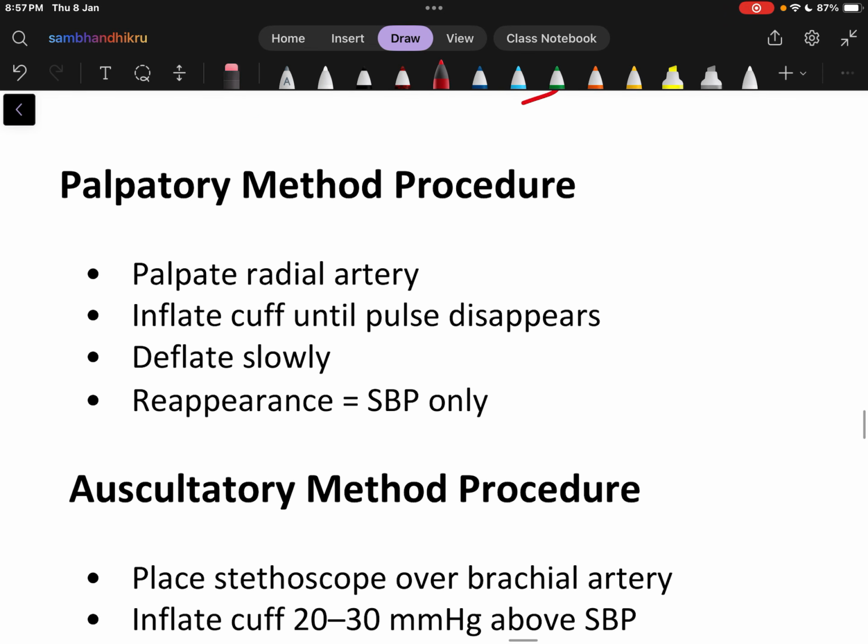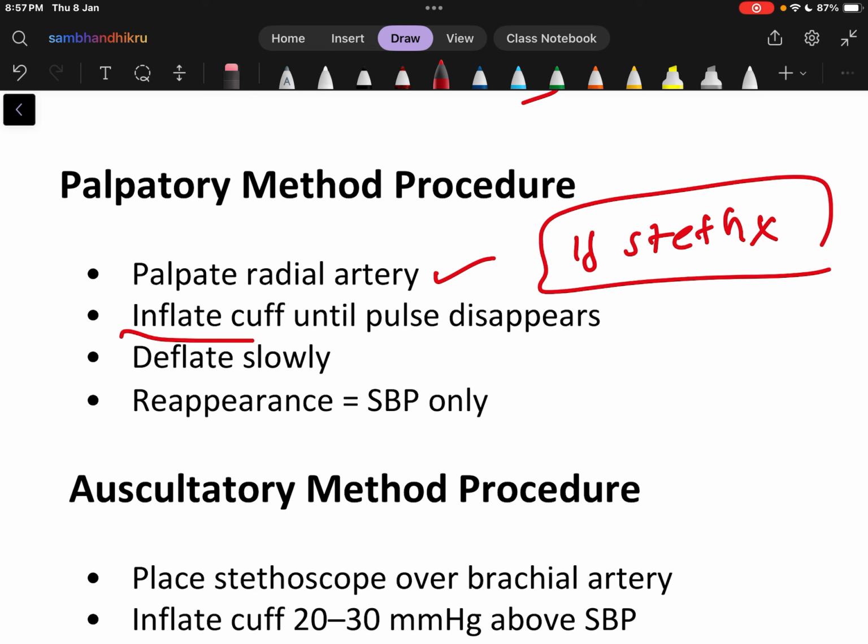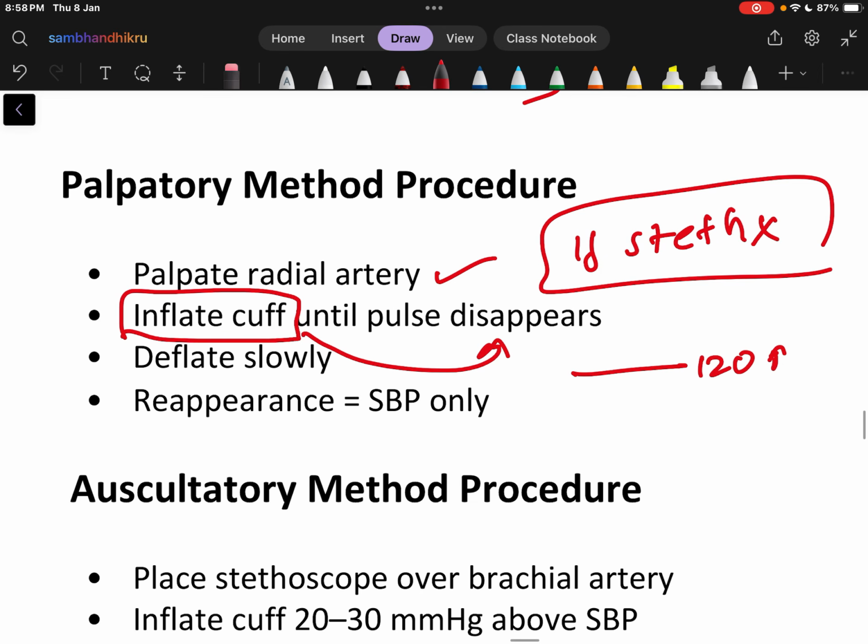Next, the palpatory method. Palpate the radial artery; if the stethoscope is not there, you should mention that. Inflate the cuff until the pulse disappears. If you inflated up to 120 and can still hear the sound, you need to push it up to 150, that is, more than 30 mmHg above the tapping sound.